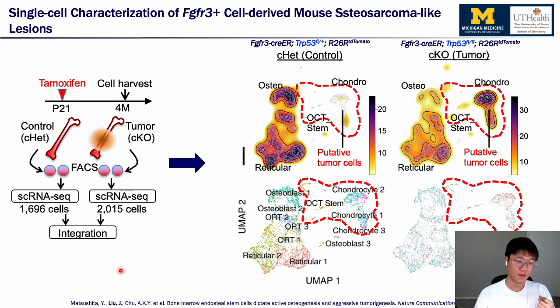Again, we integrated them with LIGER, and to identify the tumor cells from the single-cell RNA sequencing data sets, we used published, public tools for copy number variation analysis, such as CopyKAT and inferCNV. You could see the putative tumor cells include the whole chondrocyte island, and also the OCT stem cells that sit between the main island and the chondrocyte island.